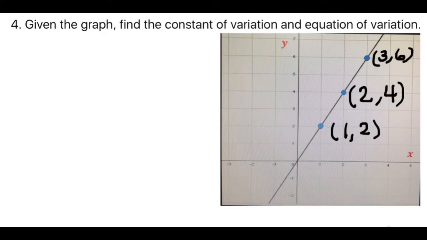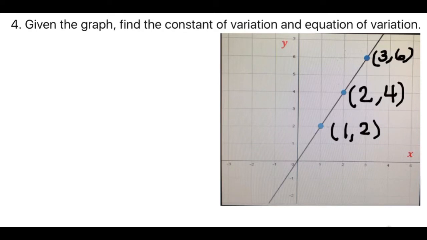Now, given the graph, find the constant of variation and equation of variation. So, as you can see in the graph, we have 3 points. We have 3 ordered pairs, which are 1 and 2, 2 and 4, 3 and 6. So, as you can see, habang tumataas yung value ng x, tumataas din yung value ng y.